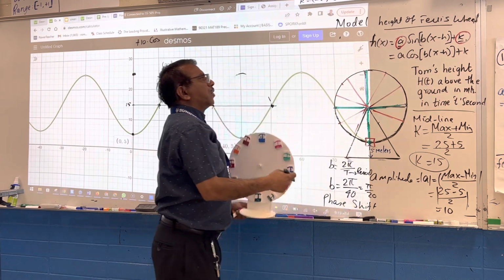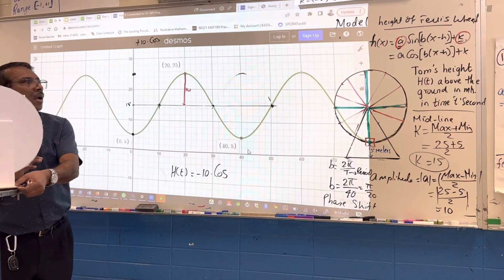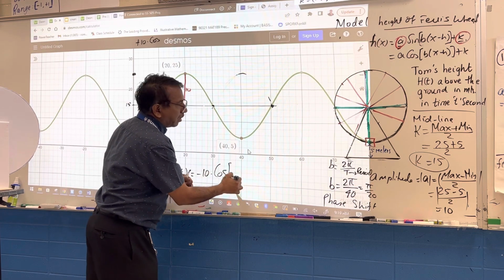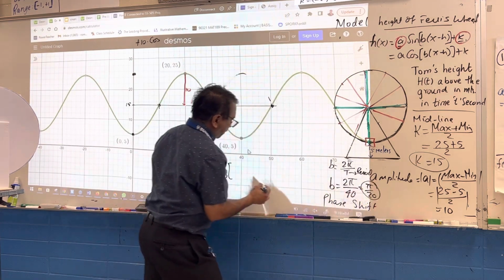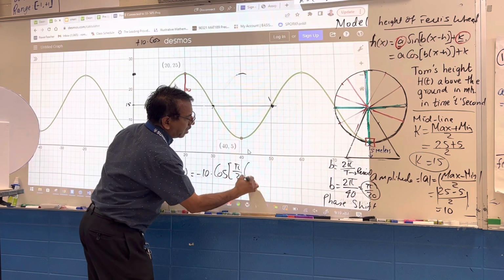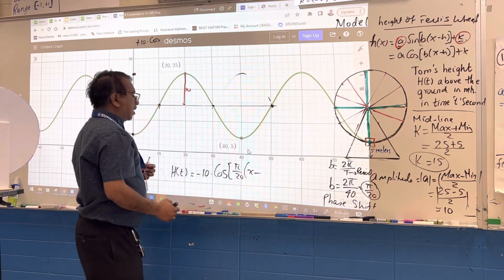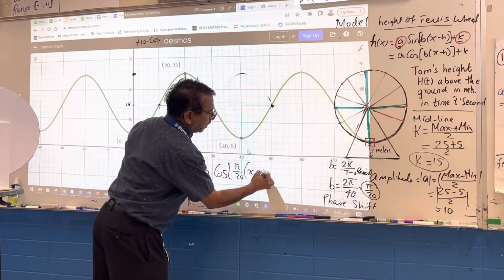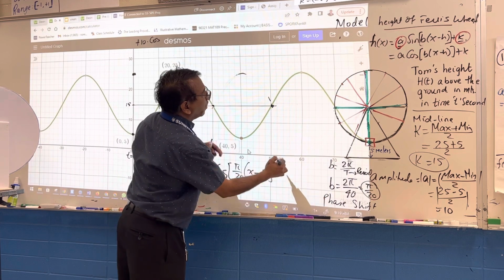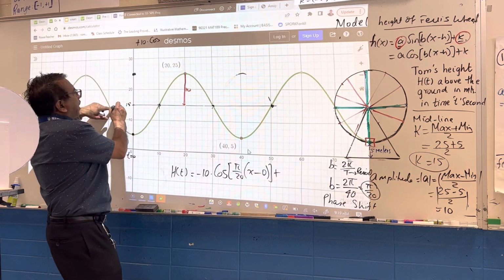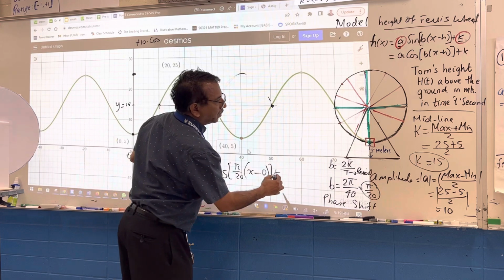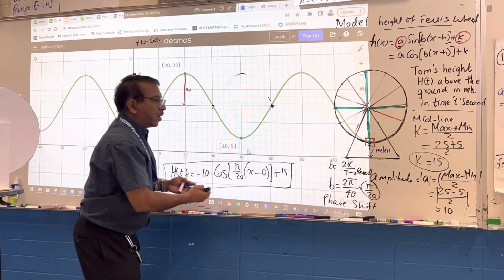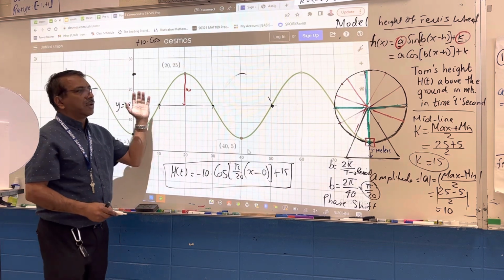Now in this example, a is negative 10, so b is right here, pi by 20, and x minus, in this case we begin from t equals 0, so this will be 0, and plus k, the midline, that is y equals 15, so we get 15.